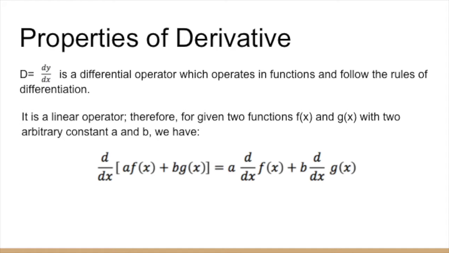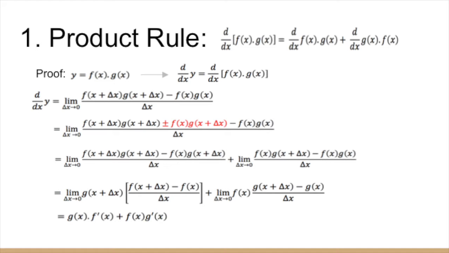It is a linear operator, therefore, for given two functions, f(x) and g(x), with two arbitrary constants, a and b, we have, first, the product rule. d over dx of f(x) times g(x) equals d over dx of f of x times g(x) plus d over dx of g of x times f of x.